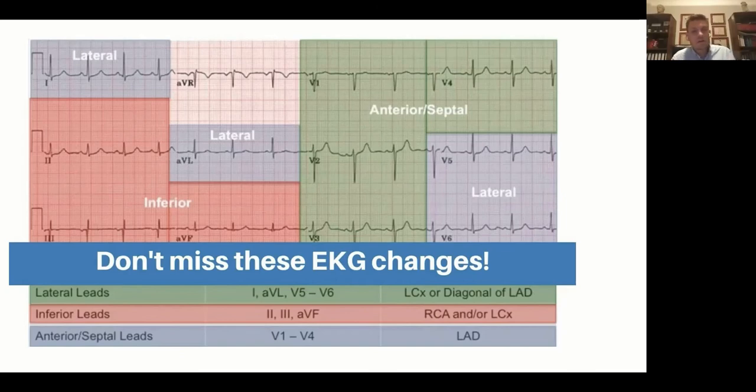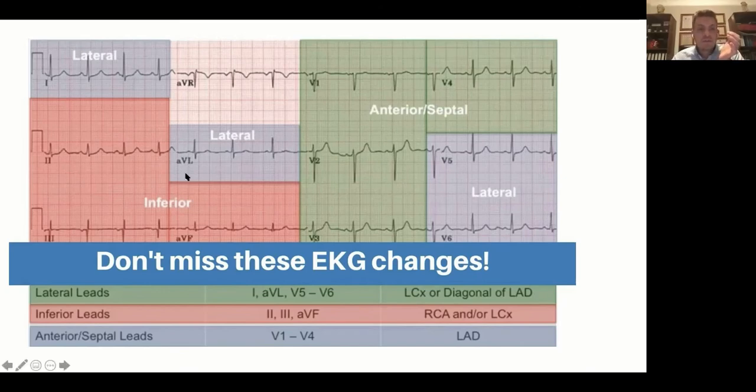Last but not least, we'll talk about lateral MI with problems in leads 1, AVL, and V5 to V6, with problems in the left coronary artery or diagonals of the LAD, such as the marginal artery or the circumflex. Is this clear?